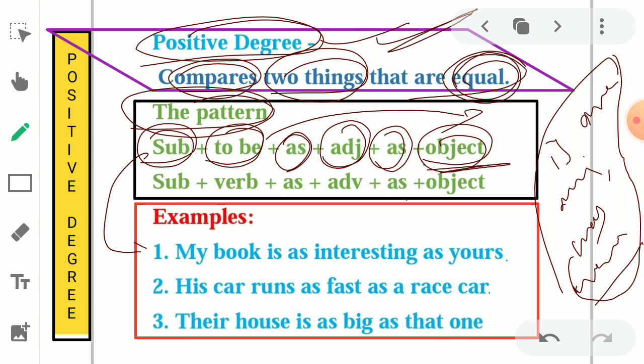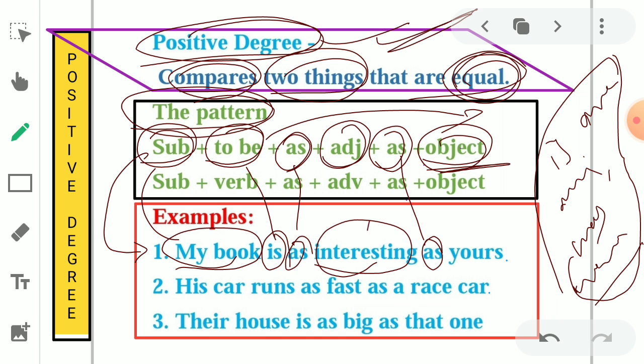This pattern is applicable to the first sentence. My book is a subject, then is to be form, as, that is common here also. In between we have to write an adjective, then whatever remains is considered as object.